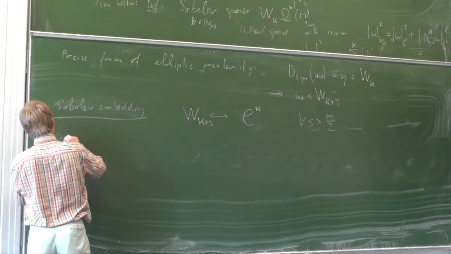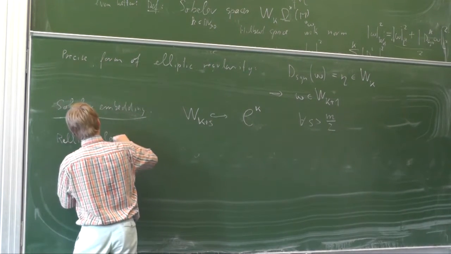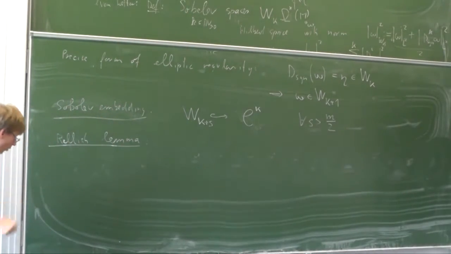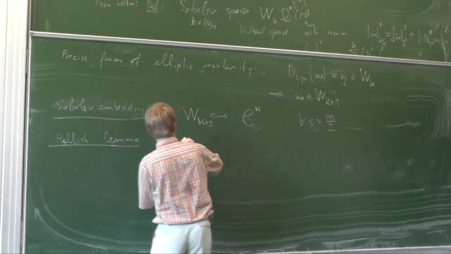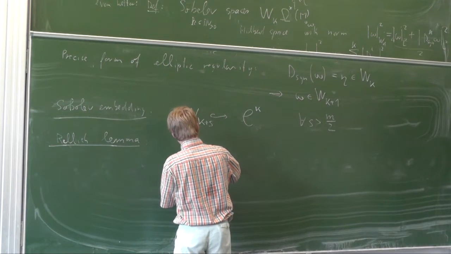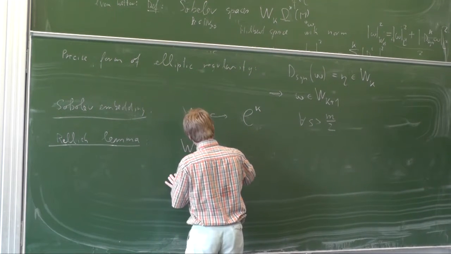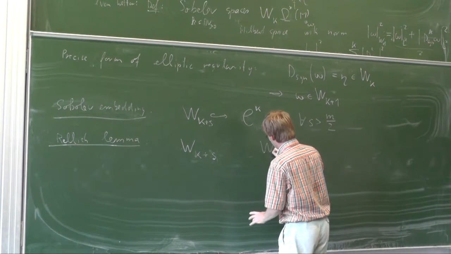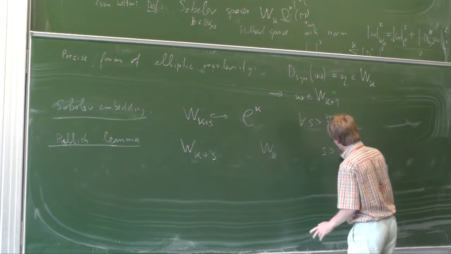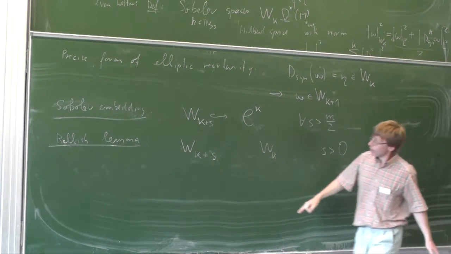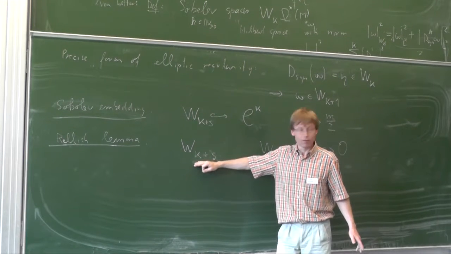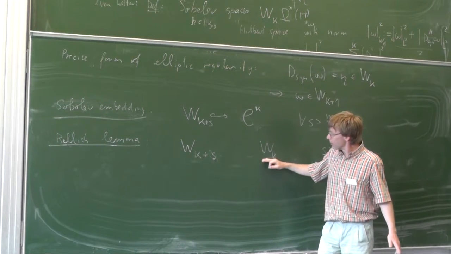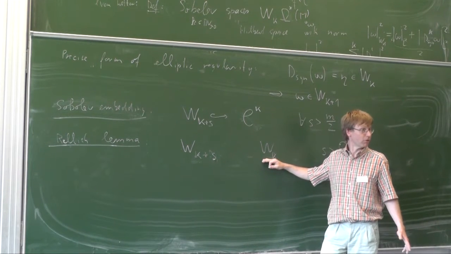And the other thing, which is something you do need, is the observation that if you take the closure with respect to a larger number of derivatives, of course you can think of the function also as sitting in the space where you complete with a smaller number of derivatives.